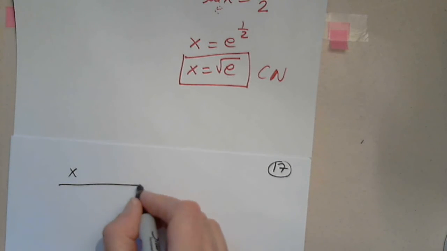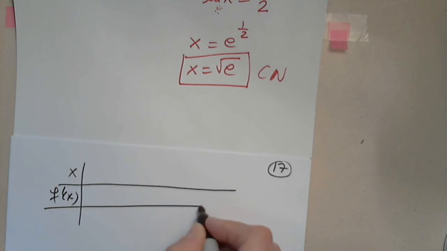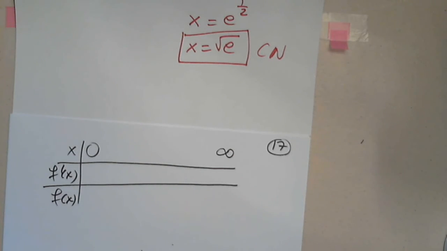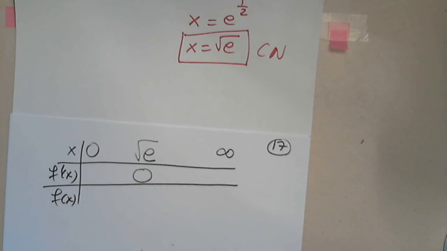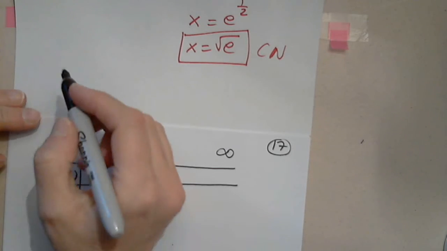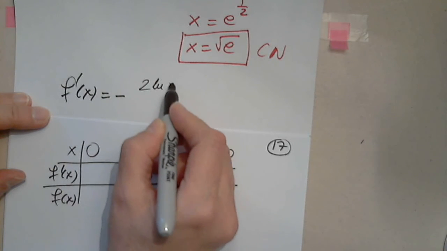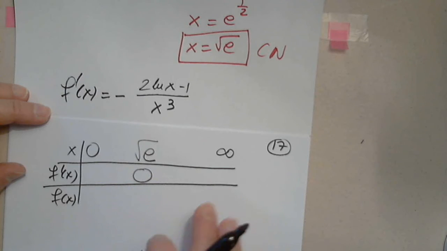So this is x. This is f prime. This is f of x. Of course, the domain must be 0 to infinity, nothing else. I do have the square root of e, and I know the derivative is 0. I want to copy the derivative here, so we can discuss it because I need to study the sign.